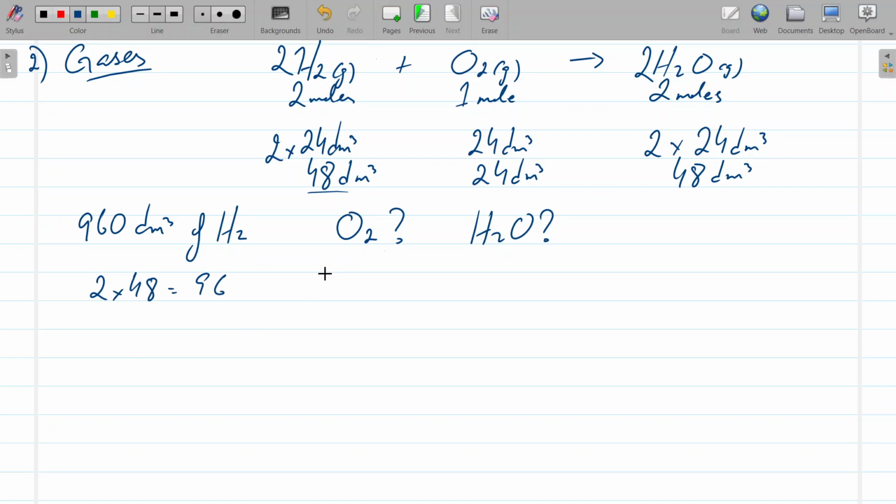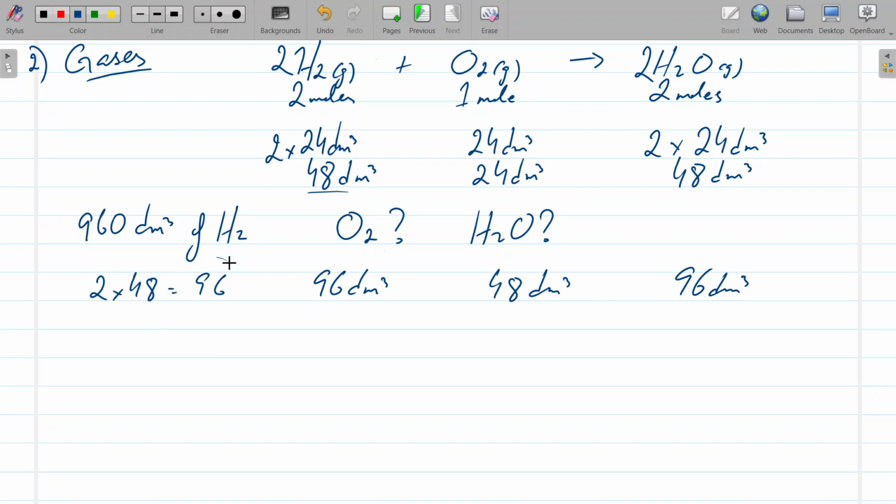If you had 96 decimeter cube of hydrogen, it would be reacting with 48 decimeter cube of oxygen and giving you 96 decimeter cube of water vapor.